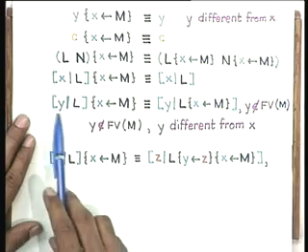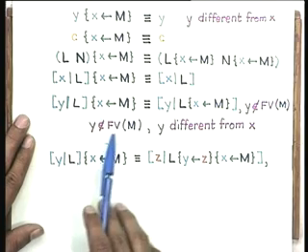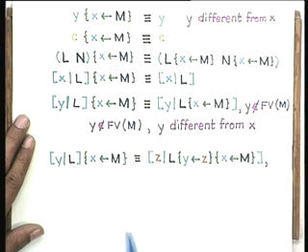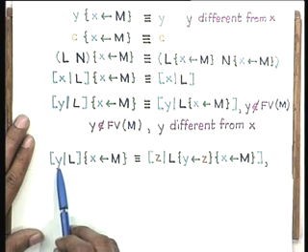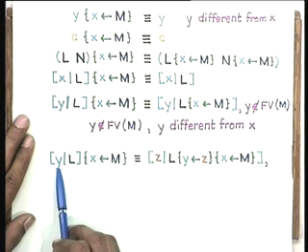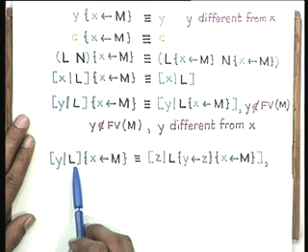So this is a case very similar to the previous one, except that y does occur free in M, okay, but y is different from x. Then what I do is I pick out a new fresh variable z, and then what I do is I systematically replace, since y is a bound variable here, it probably does occur free in this term L.